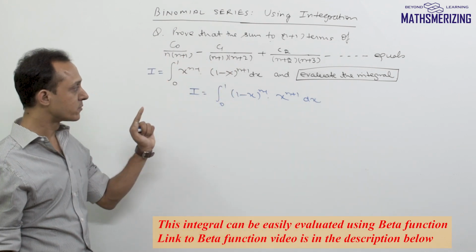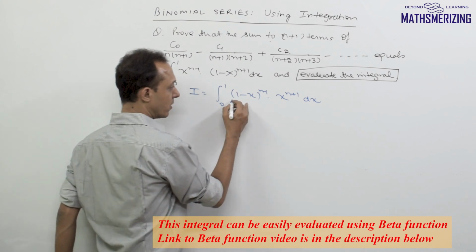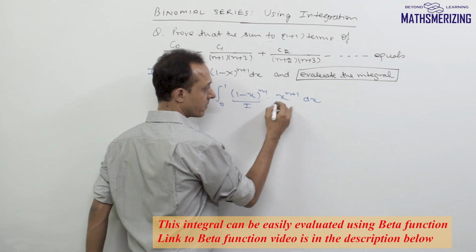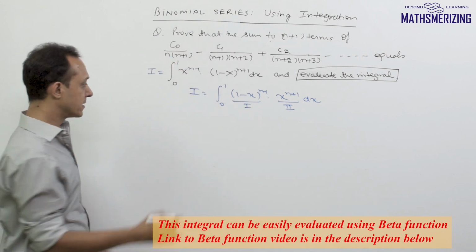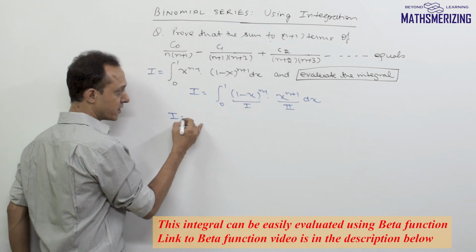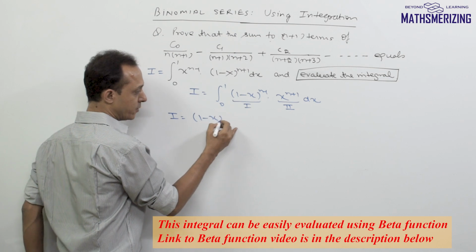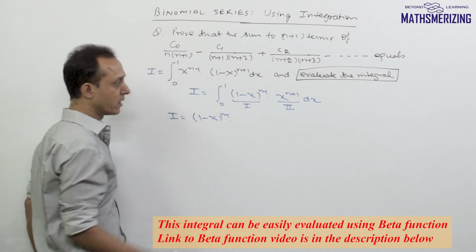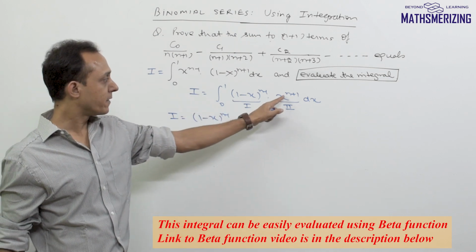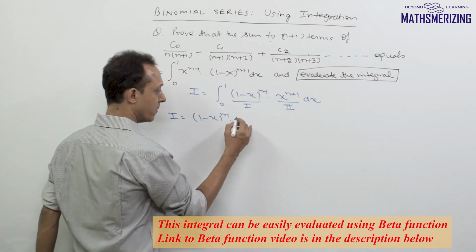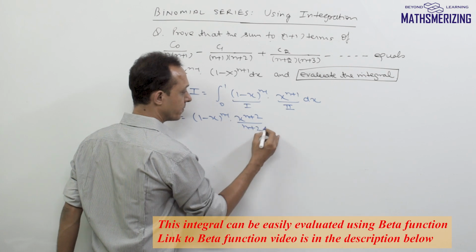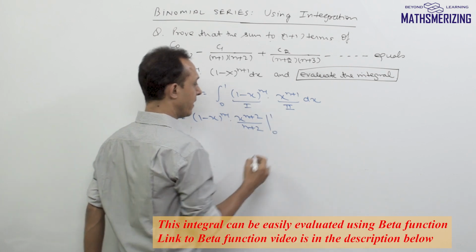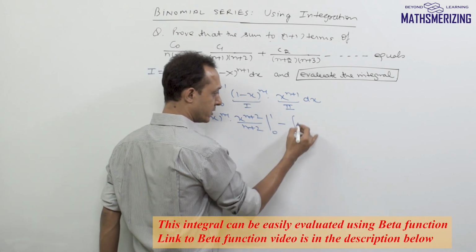Now I'll try and solve this question using by parts. So I'll take this as first function and this as second function. If I use by parts, I'll write this integral as, first function as it is, so it is 1 minus x to the power n minus 1. Now integral of x to the power n plus 1 will be x to the power n plus 2 upon n plus 2, limits from 0 to 1, and then minus from 0 to 1.